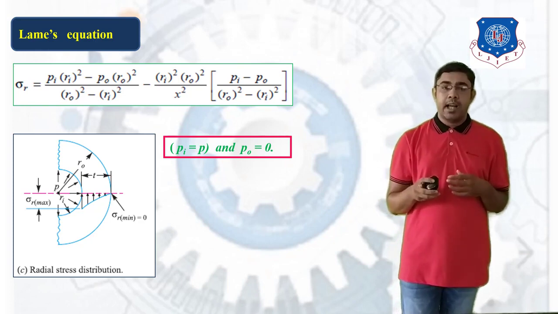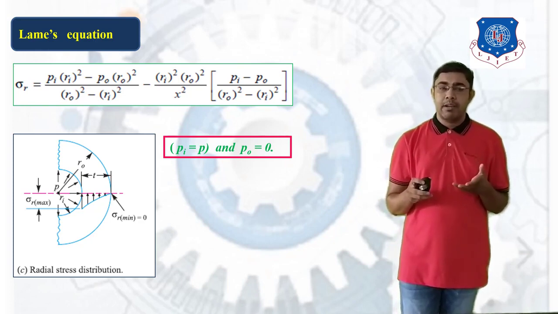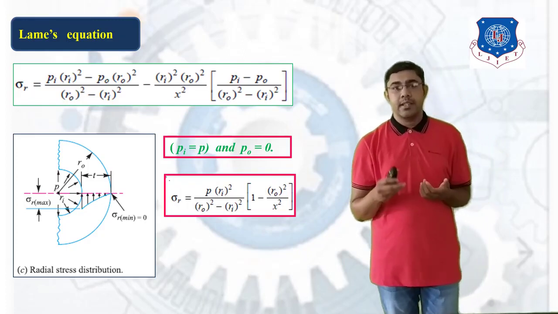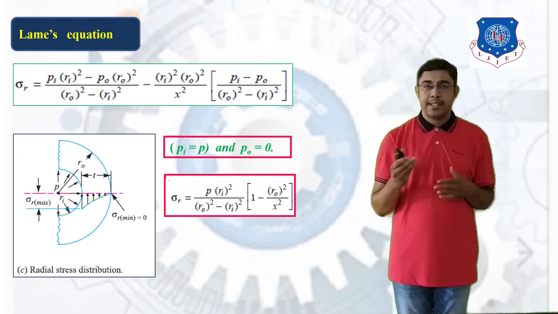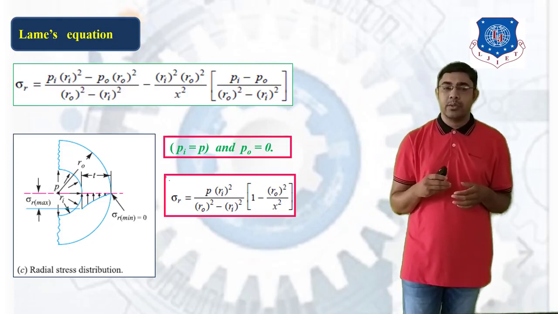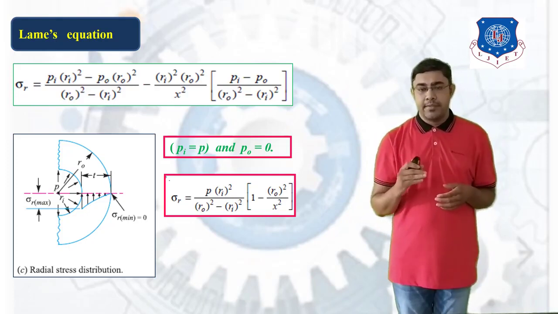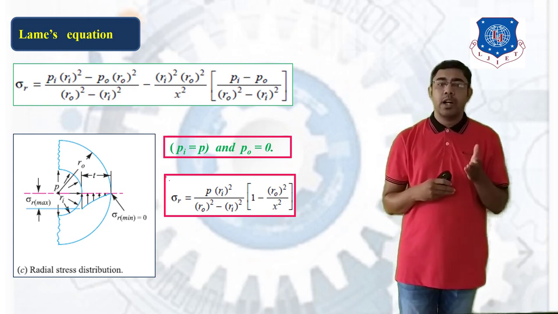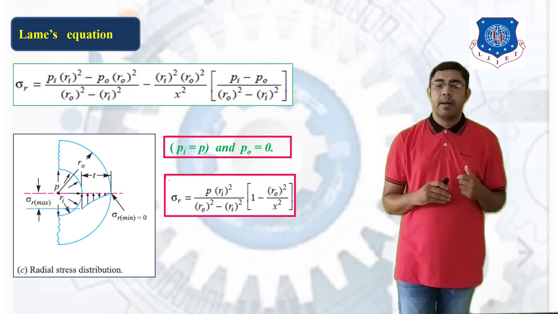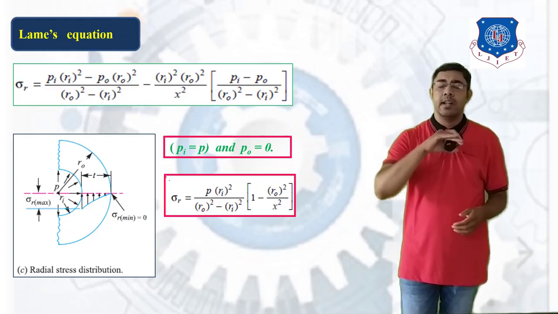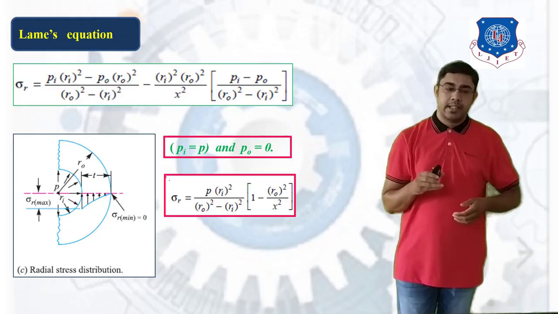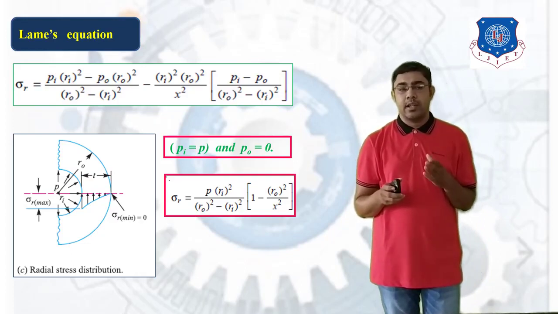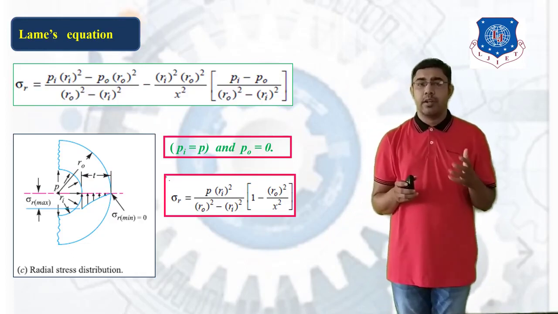So the above sigma R equation gets simplified by placing the boundary conditions, and we derive sigma R is equal to P into Ri square divided by (Ro square minus Ri square) into (1 minus Ro square divided by x square). Here x is the radius at a particular section. So this is the general equation of radial stress according to our conditions.